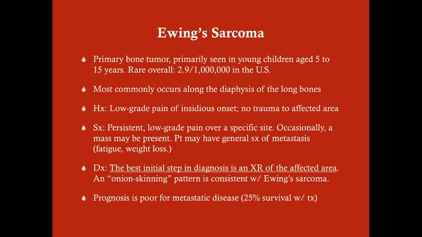What's important is that you note there's no specific trauma to the affected area, because the first thing we would think if a patient has pain over a bone is that it's probably a bruise, or they were probably hurt or tripped or fell, and that's what's causing the pain. So it's important in the history that there's no particular trauma over the affected area.